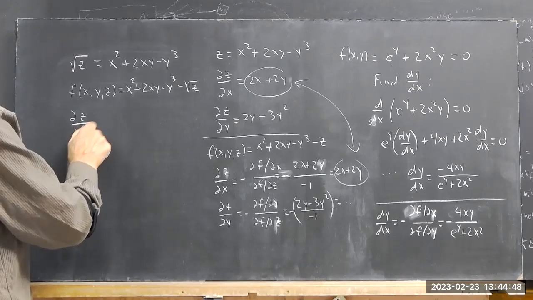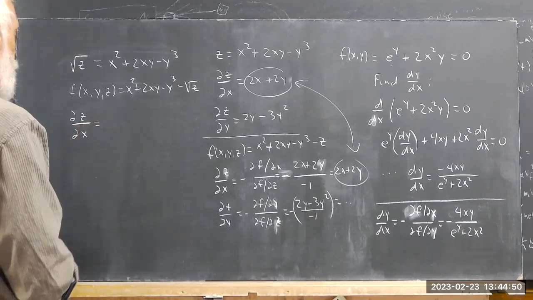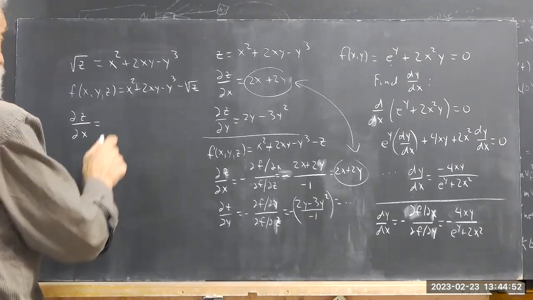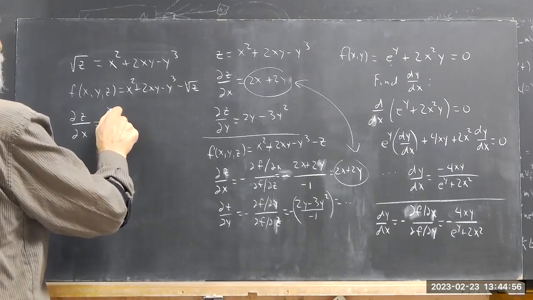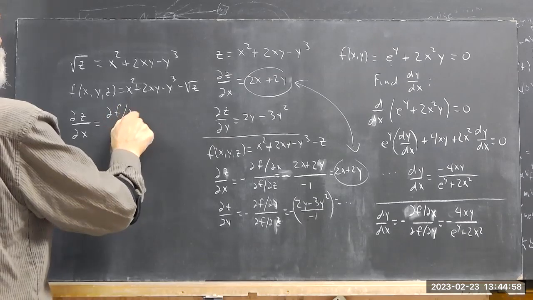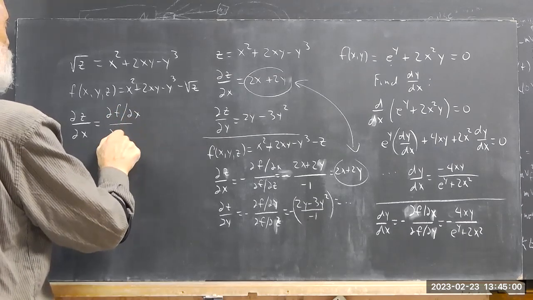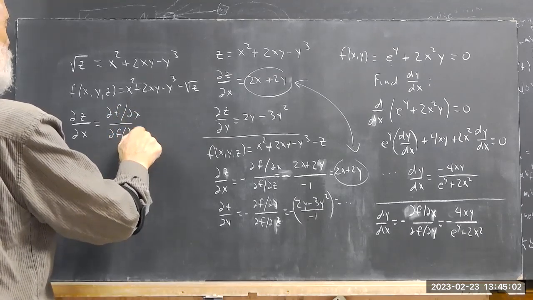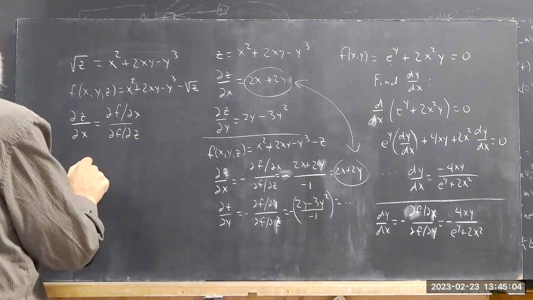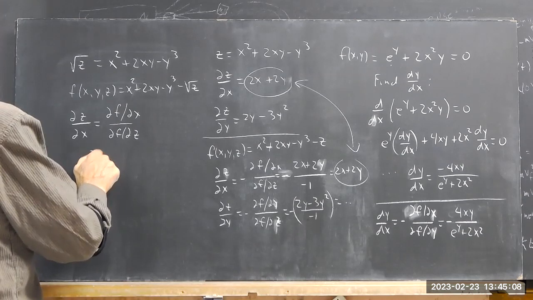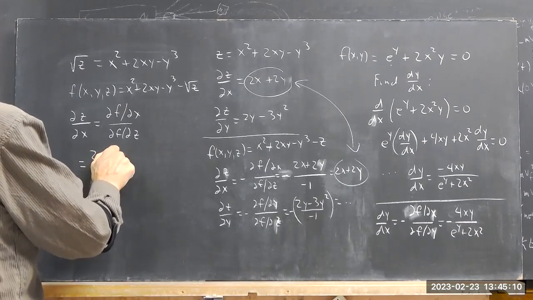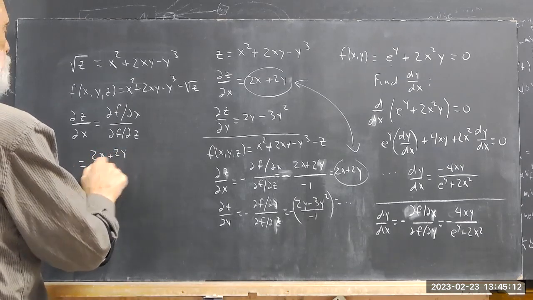So partial of z with respect to x is going to be partial f with respect to x over partial of f with respect to z. Give myself a little more room. Okay, well, we're still going to get 2x plus 2y in the numerator.